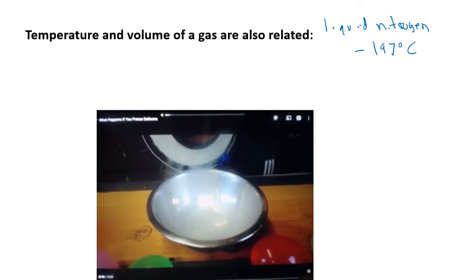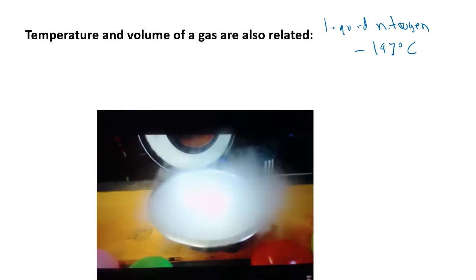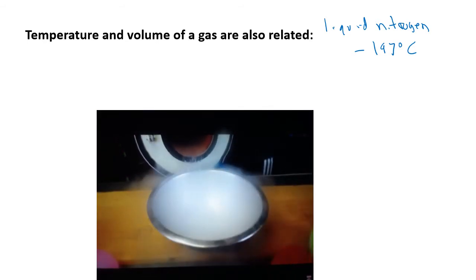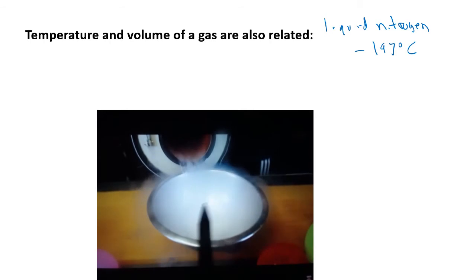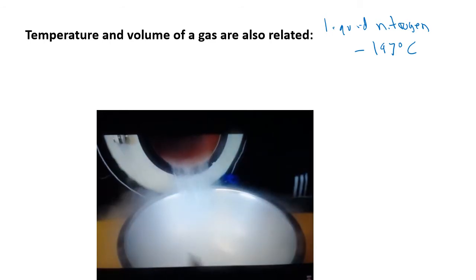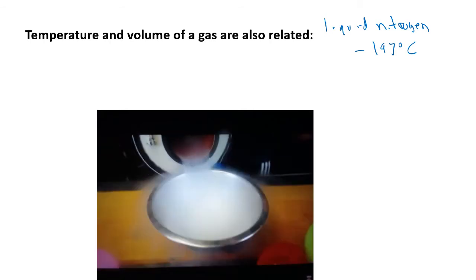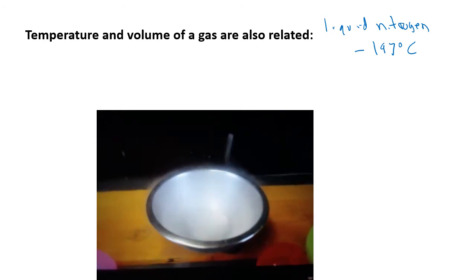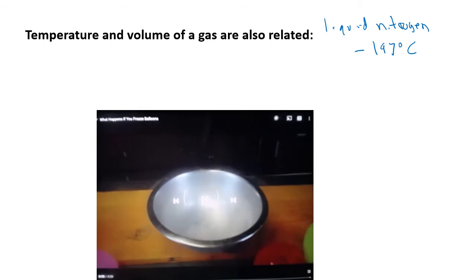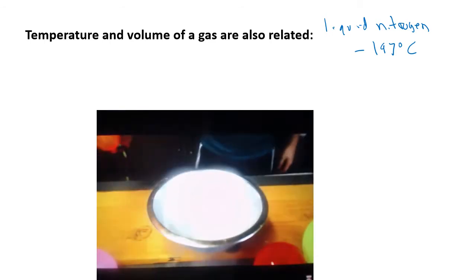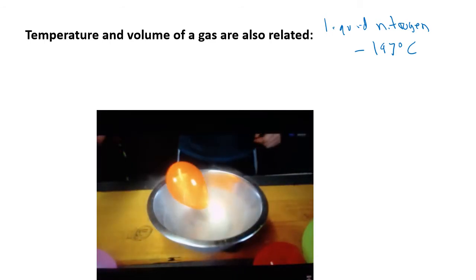Let me go ahead and turn it on here. You can see they're pouring the liquid nitrogen in a bowl. It gives off a lot of fumes because it's evaporating as they add it. It's so cold. After they add it, they are going to start putting in some balloons. Let's watch it. Here goes in the first balloon.